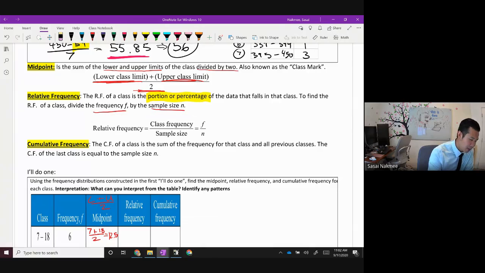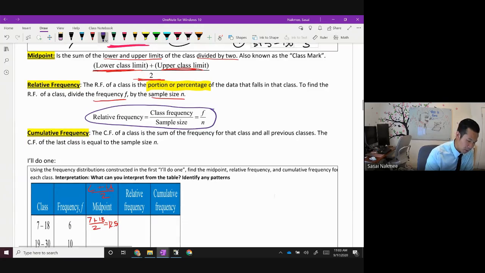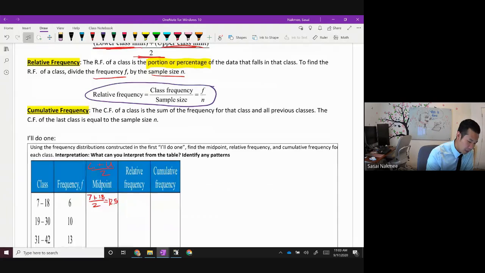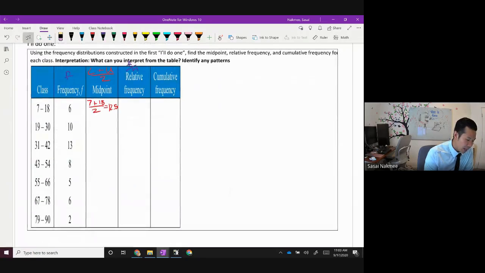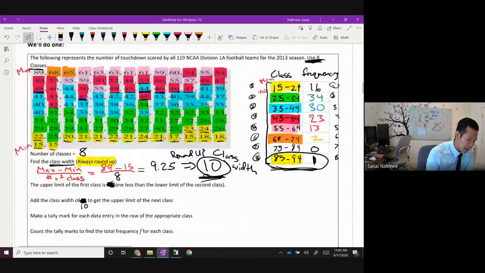Let's do this in a different color so I can show it down there. So let me show you how this works. So for the relative frequency, this is your f, by the way. So my relative frequency would take my f and then divide it by n. And you're like, what the heck is your n? Well, let me show you. Your n is your sample size.